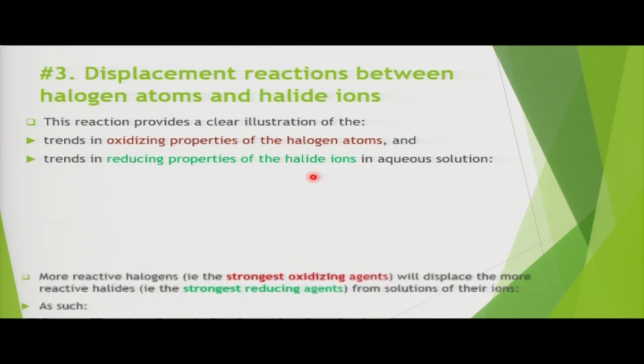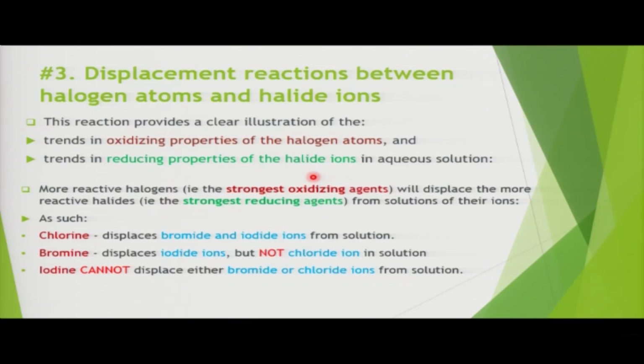A point to note before we get started is that when oxidizing and reducing are combined, we have what we call a redox reaction. So in this case, we are going to see that the strongest oxidizing agent normally displaces the strongest reducing agent. Before we actually see how it happens or see the demonstration, let me clarify something in here.